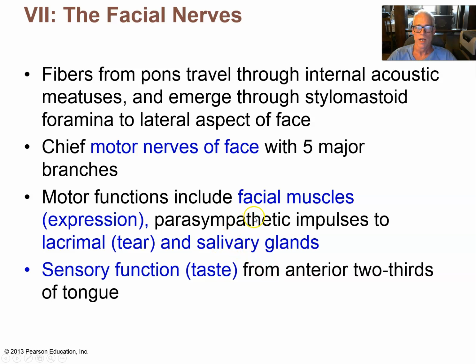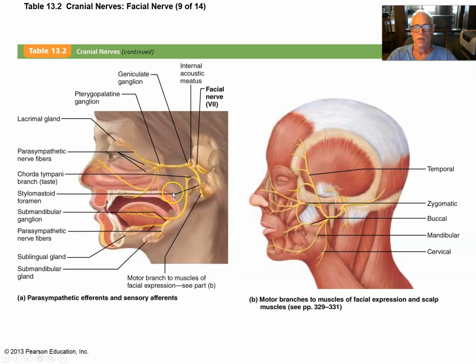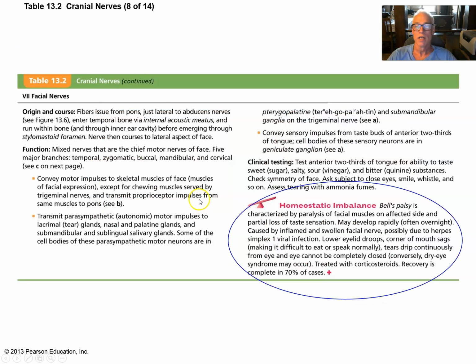Well, there's a homeostatic imbalance that's interestingly associated with the facial nerves. Sometimes, there's just a cartoon representation of the pathways, the anatomy of the facial nerve. After a viral infection, in rare cases, someone might experience what's called Bell's palsy.